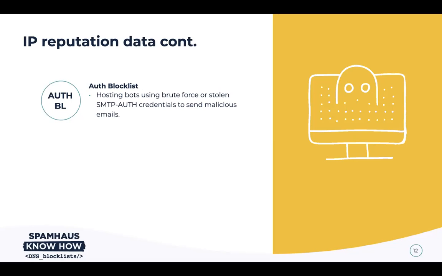But of course, you are free to build your own implementation. And that's about the IP block list. There are other block lists that we publish, and Karel can go through the first of them.